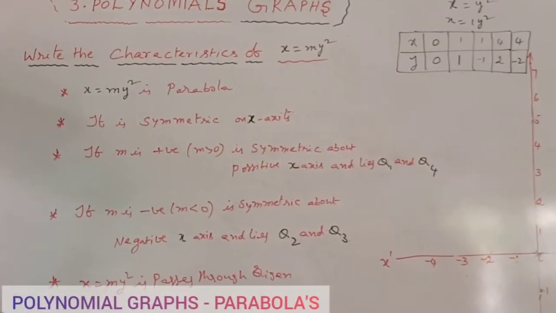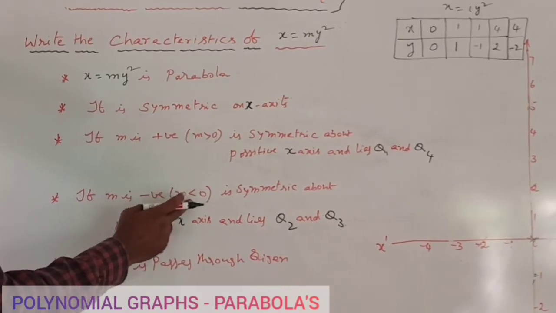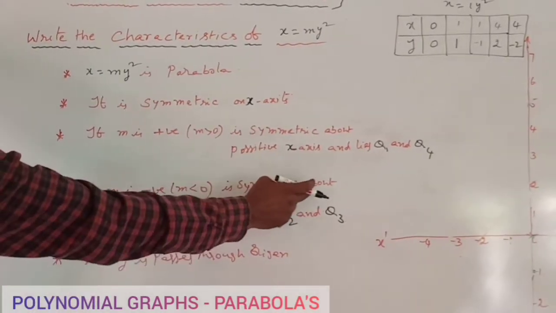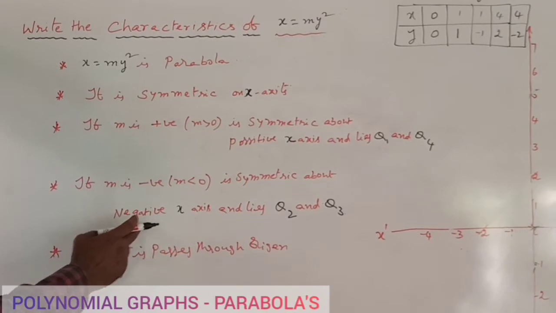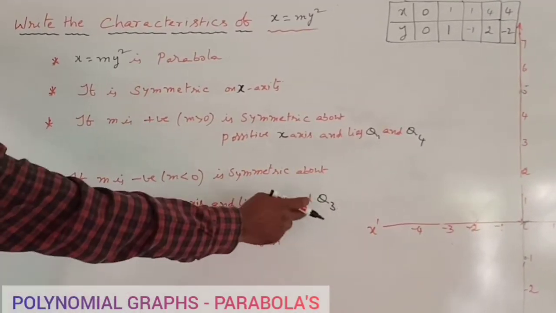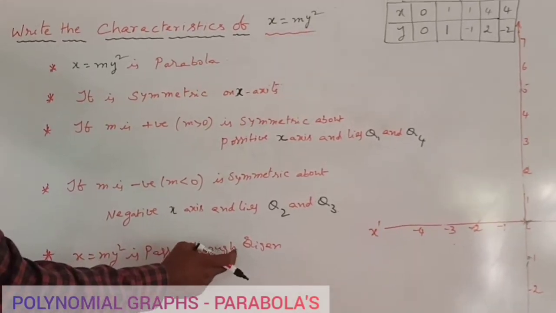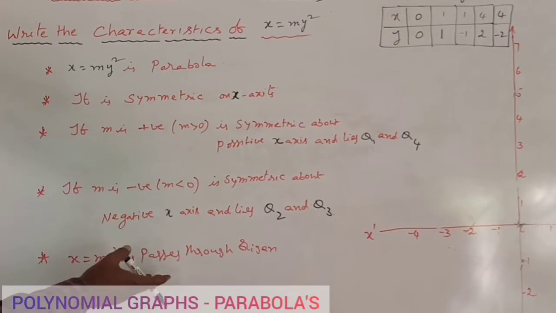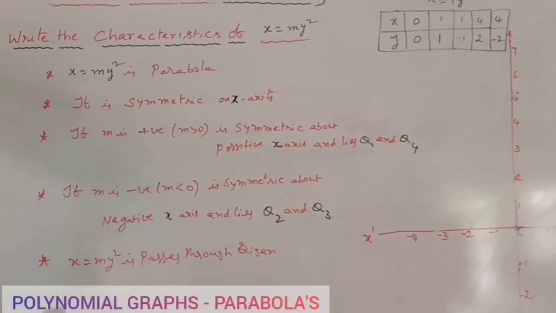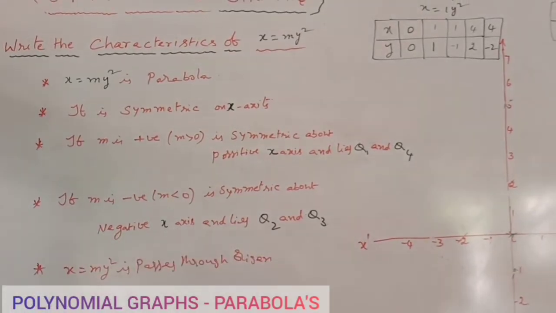If m is negative, m less than 0, it is symmetric about the negative x-axis and it lies in Q2 and Q3. X equal to m y square passes through the origin. Y equal to m x square also passes through the origin. Both pass through the origin.